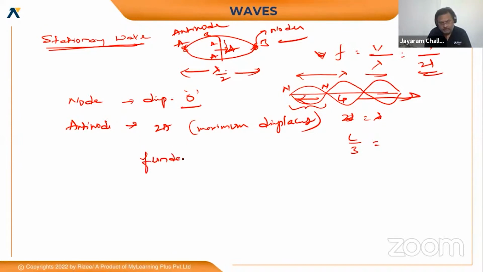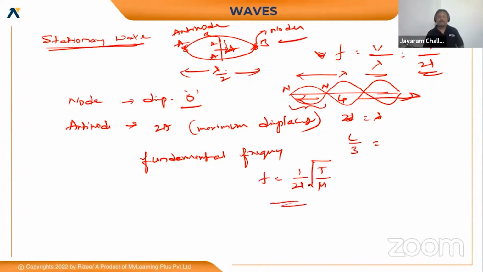So what is fundamental frequency? The fundamental frequency F is equal to 1 by 2L into root over T by mu. Right, sir? So from this, according to the laws of transverse waves, frequency is inversely proportional to the length L, directly proportional to the square root of tension, and inversely proportional to the square root of the linear density mu.